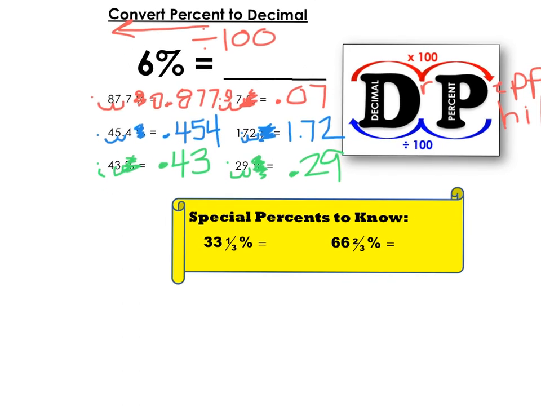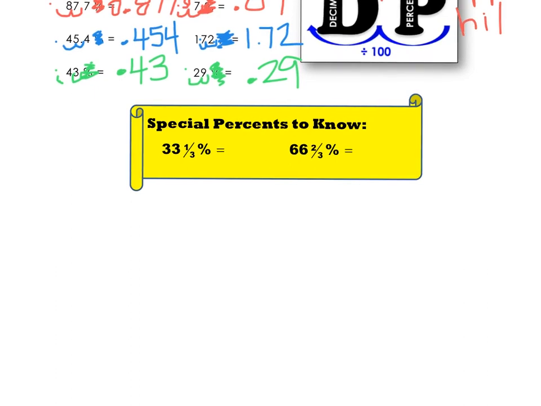All right, last part we're going to talk about in the video today is special percents. Okay, here our special percent 33 1/3. We already know that this is, as a decimal, 1/3 is 0.3 repeating, right?